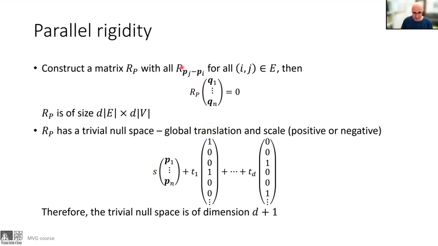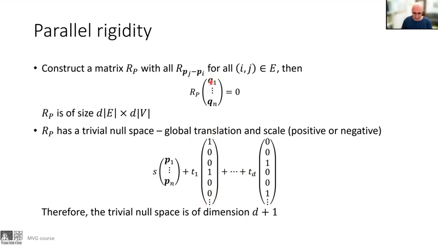In addition, we need to account for translations. For translation, think of taking P1 to Pn and changing the x value, the first coordinate, by adding 1 or by adding 2 or by adding 3. You can write this as this vector.